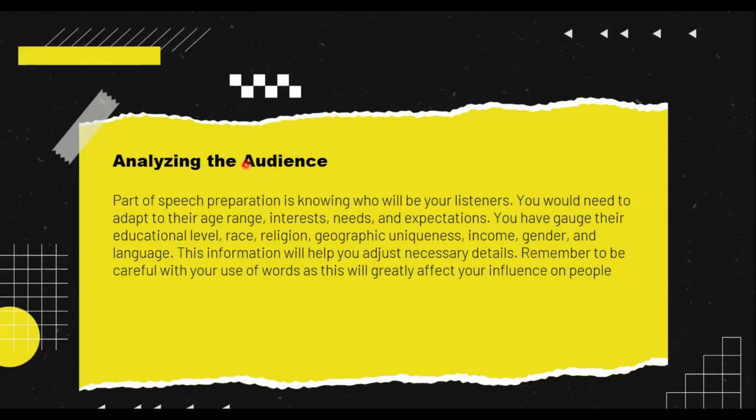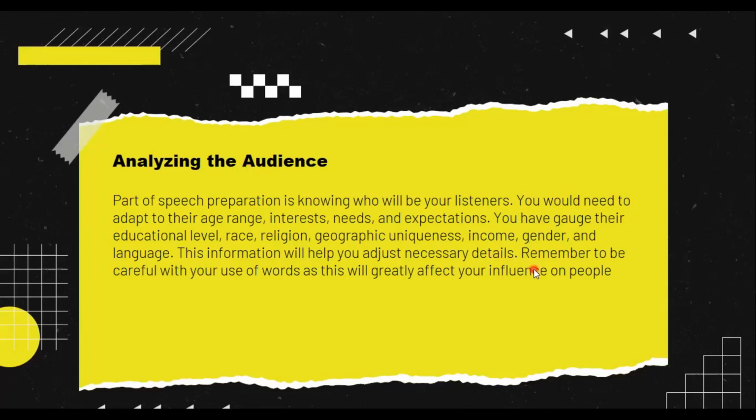Kasi when you know your audience, you can establish easily the connection. Okay? And when you already establish the connection, it's a good feeling when you are delivering a speech. Kasi it's such a nice feeling that whenever you're delivering a speech, you can see that your audience are really listening, right? So that will only happen if they found a connection to your speech. Okay?